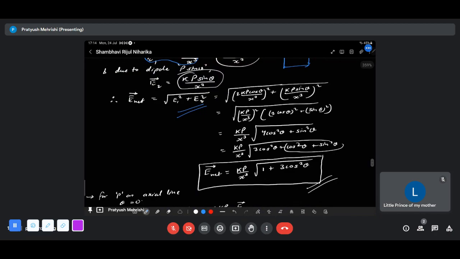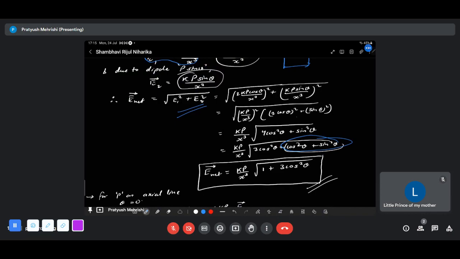We put both of them here, and when we solve it, we are getting 4 cos square theta plus sin square theta. So 3 cos square theta plus 1, because cos square theta plus sin square theta is equal to 1. So we are getting under root 3 cos square theta plus 1, and kp upon x cube.